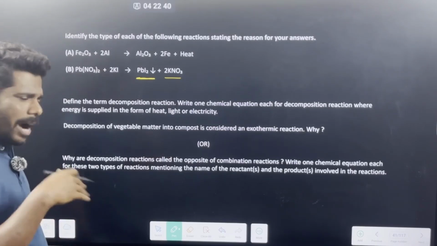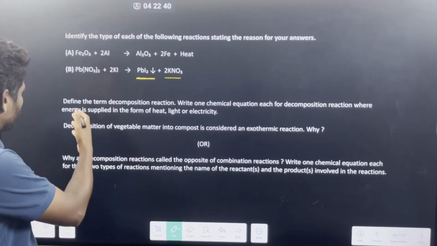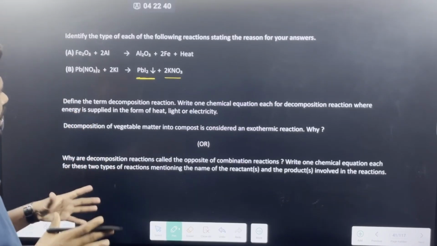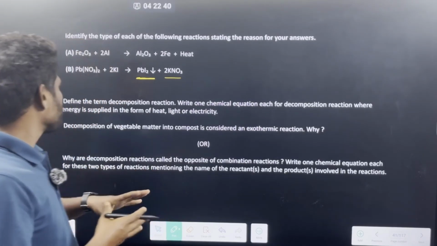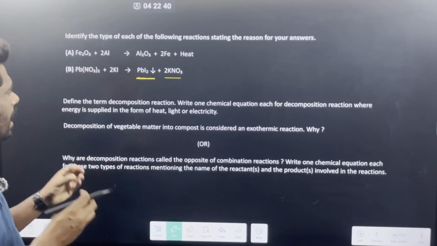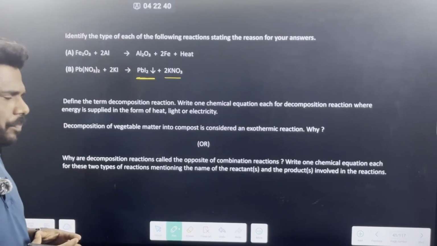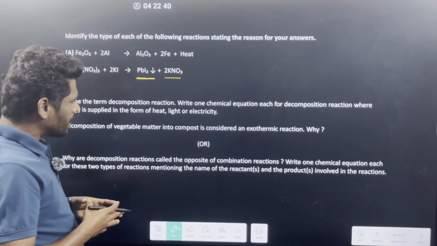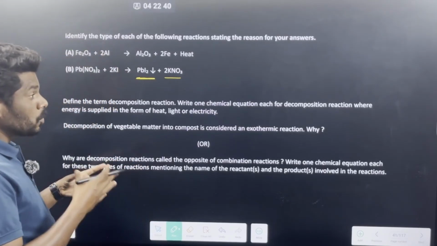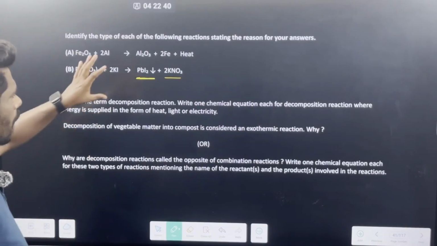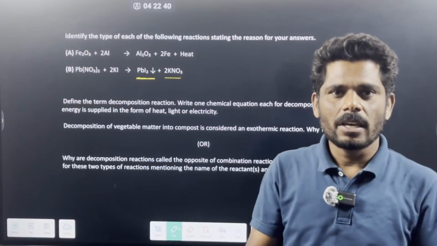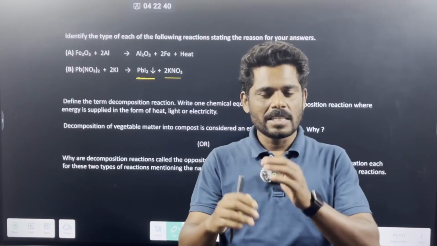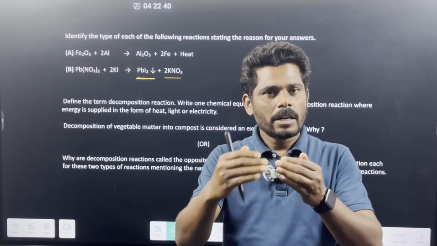To answer these questions, for example, we have another question on the board. Define the term decomposition reaction, and write one chemical equation each for the decomposition reaction where energy is supplied in the form of heat, light, or electricity. Decomposition of vegetable matter into compost is considered an exothermic reaction. Why? To answer all these kinds of questions, you cannot answer in one word or one line.